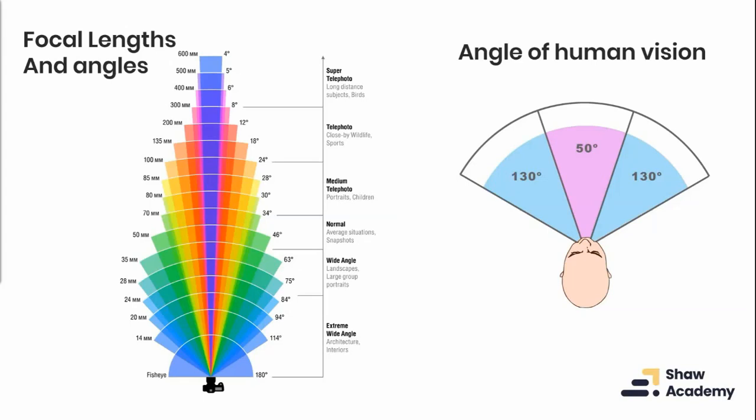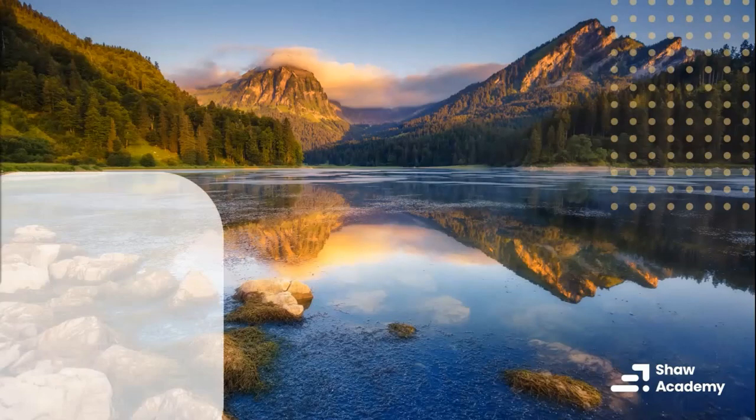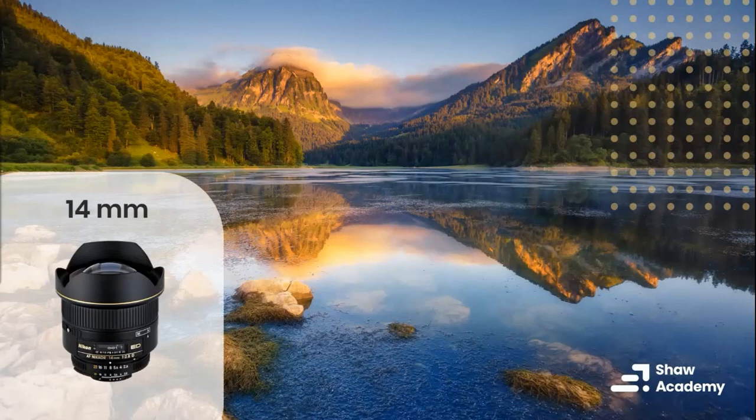Now, let's just make this visual so you understand exactly what I'm talking about. And here we've got a very nice wide shot. This scene was photographed, in this particular case, with a 14mm lens, which is a very wide focal length. Remember, the lower the number, the wider the lens is going to be, and this gives us a very wide view.